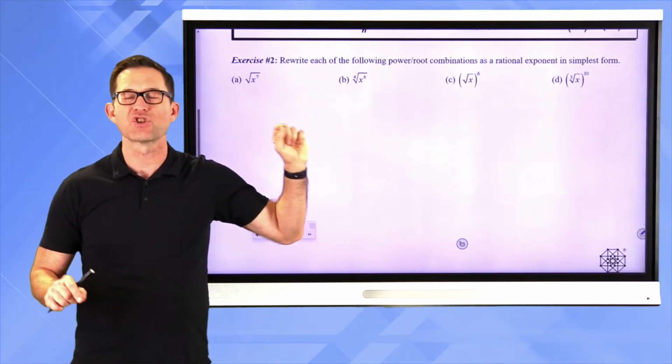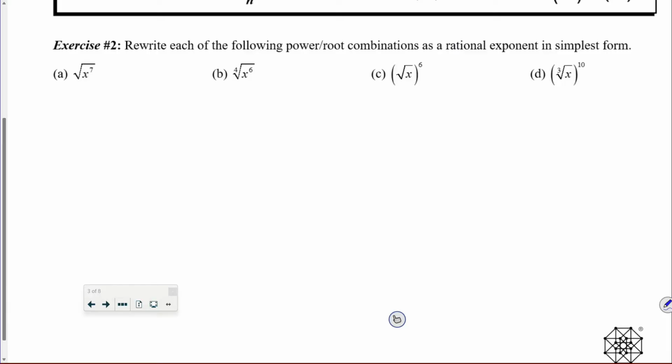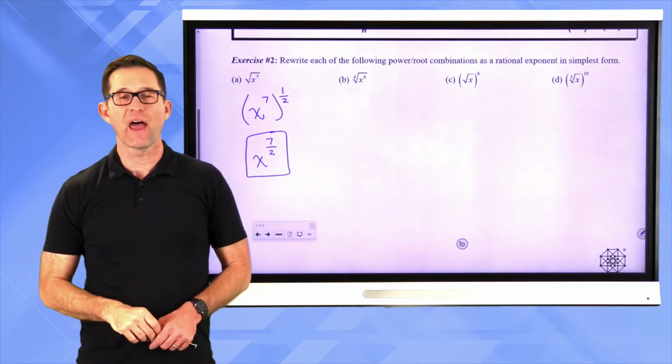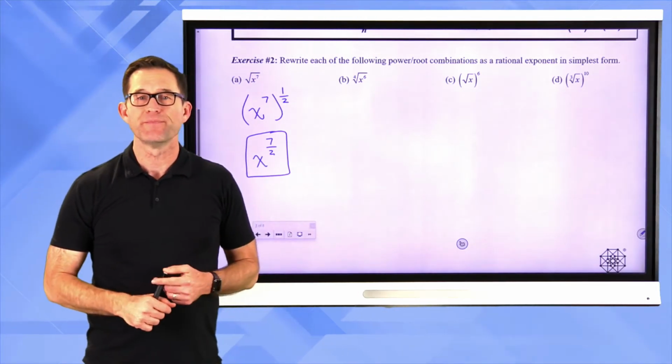We just want the rational exponent in simplest form. So I can rewrite this as x to the 7th raised to the 1/2. Then the product property of exponents tells me I can multiply the two exponents, and I simply get x to the 7/2. That's simple.